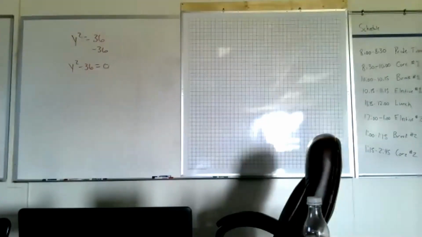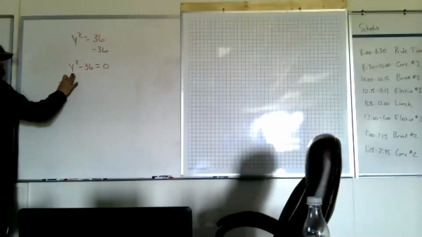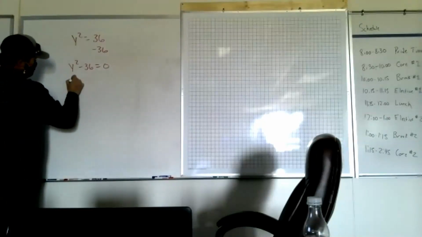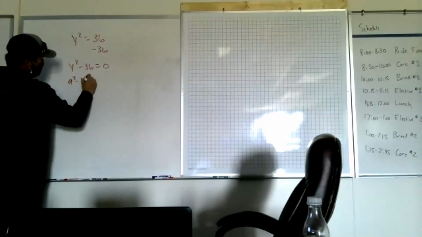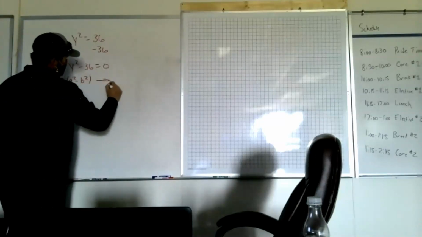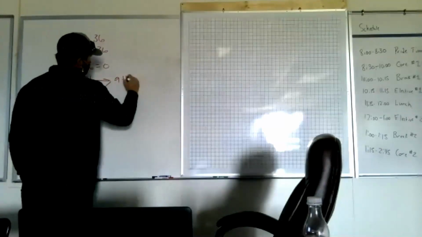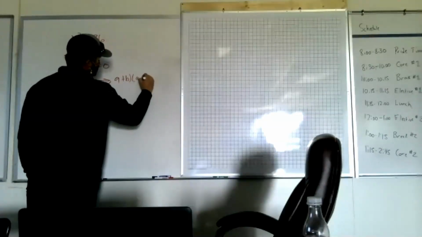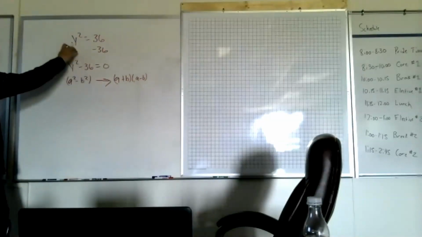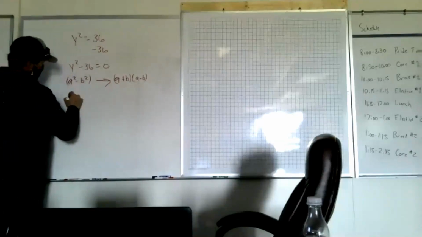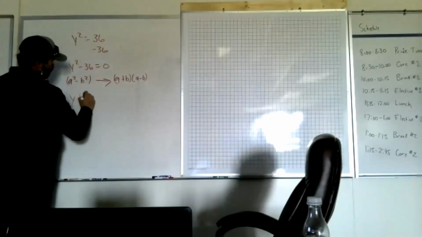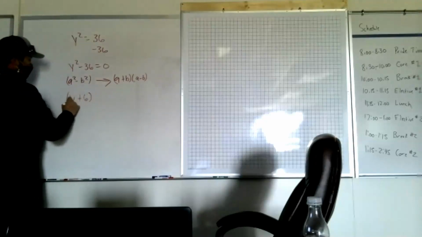This fits the difference of squares. Y squared is a perfect square. 36 is a perfect square. So that's a squared minus b squared, and the factored version breaks down into a plus b, a minus b. So in this case, y squared is the perfect square of y, and the square root of 36 is 6.